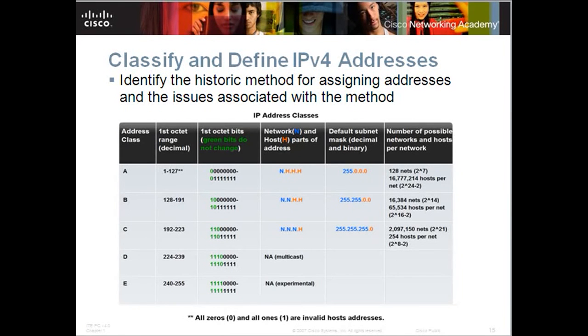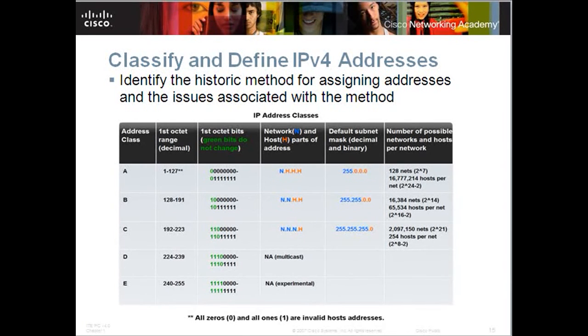Then we have Class E, the remaining one, where the first 4 bits of the first octet are set to 1, so 240 to 255. Class D is used for multicasting, so we will not use Class D addressing. Class E is used for experimental and research purposes. We will discuss that.